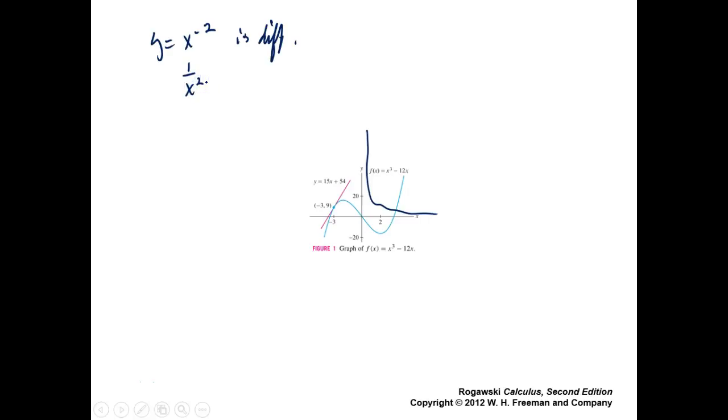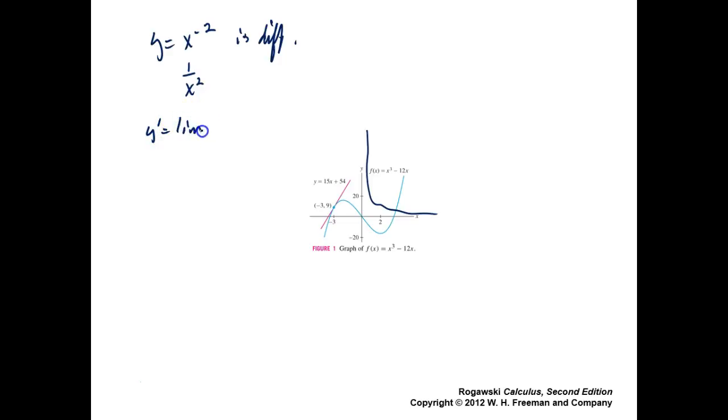Now, what's our definition for the derivative? It says calculate y prime. We showed it's differentiable everywhere it was defined. What's the definition for y prime?